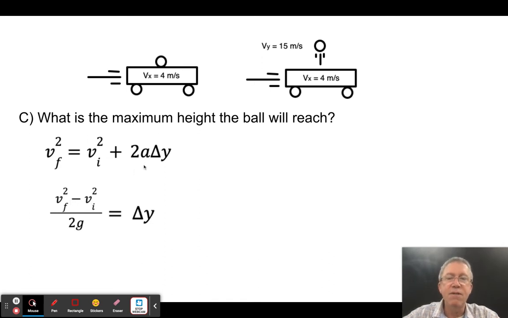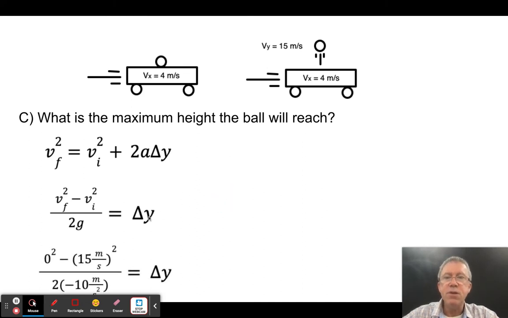I'm going to say g instead of a. Now let's see what I've got. I know that the final velocity is 0 at the apex, the initial velocity was 15, and the acceleration of gravity is 10. I want to solve it for y. If I substitute in and solve for y, what I'll get is 11.25 meters is the height that it's going to reach.